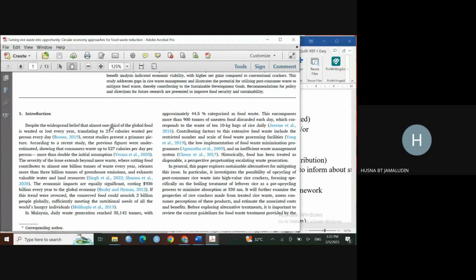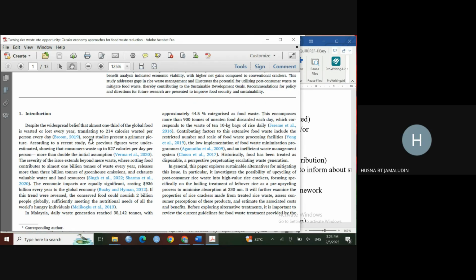They have conducted a study, and they found that 1/3 of the global food is wasted every year. 1/3. So if let's say you have produced three amounts of food, but one of it has been wasted.